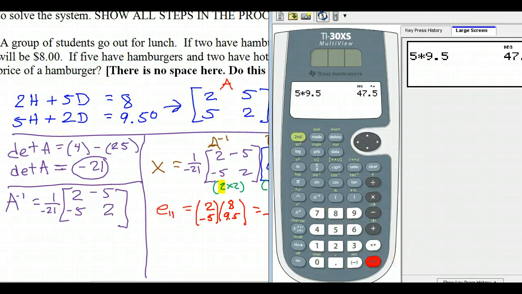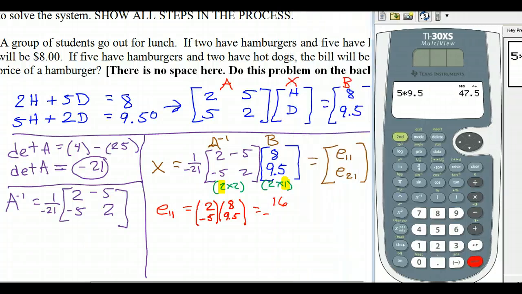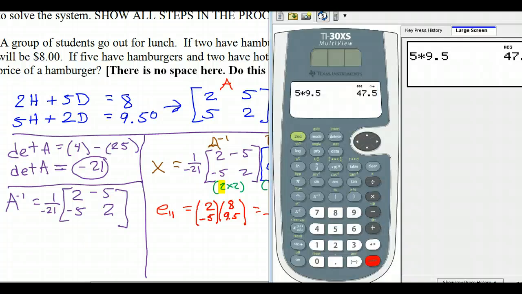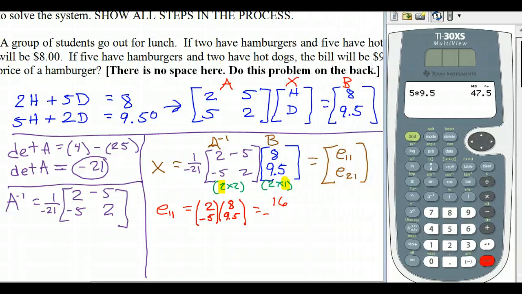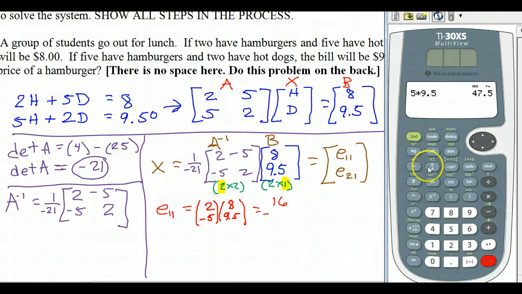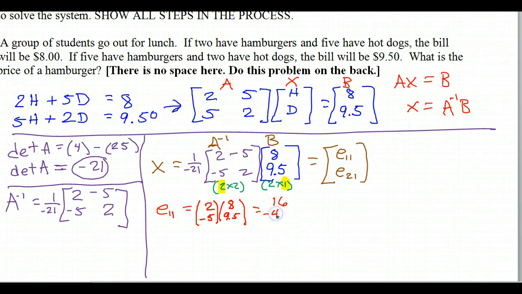Let's see, you can't quite see that. Oh, it's right here. That is 47.5. In fact, I could put this way off the screen. Whoa, too far. Okay, I just let that hang out over there. Yeah, 47.5. So negative 47.5.